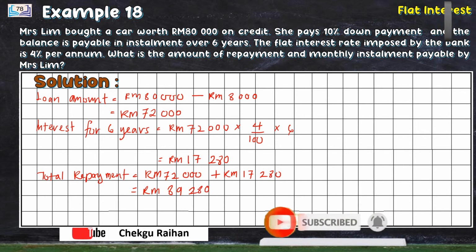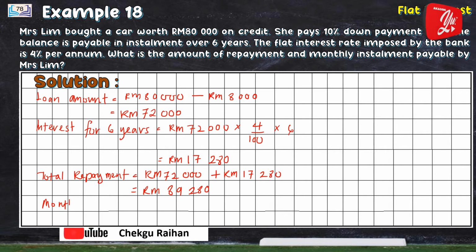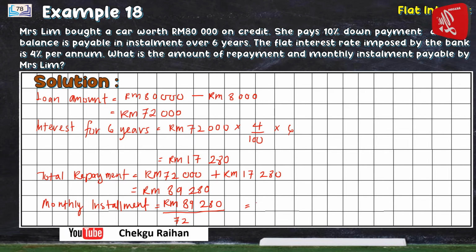The monthly installment is equal to RM 89,280 divided by total of month for 6 years, 72. So every month she need to pay Ringgit Malaysia 1,240.